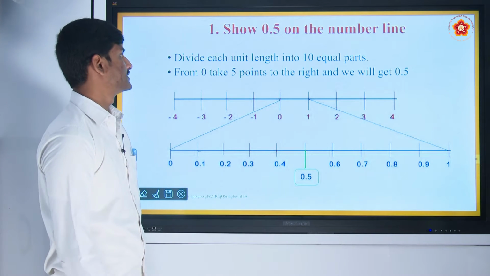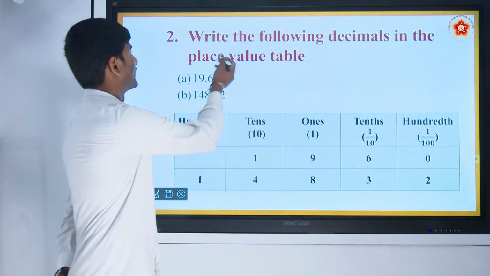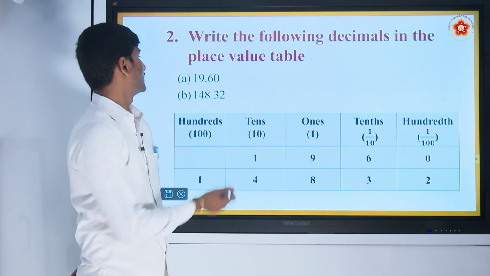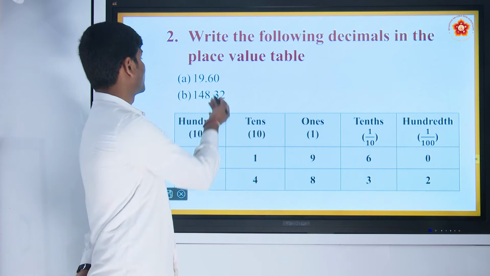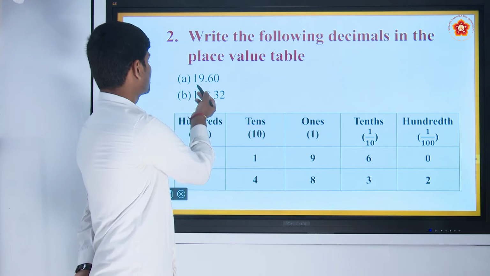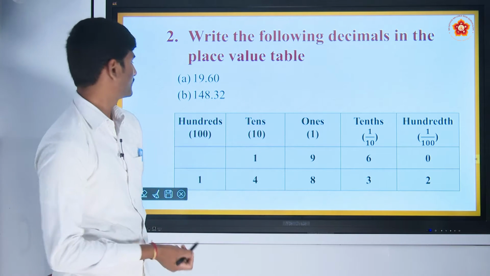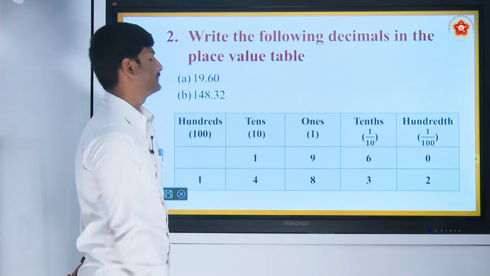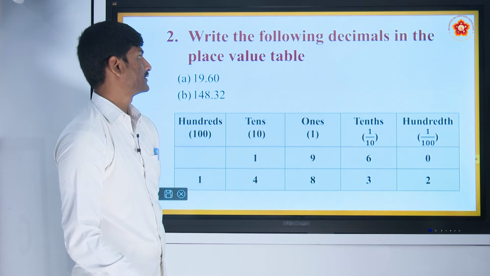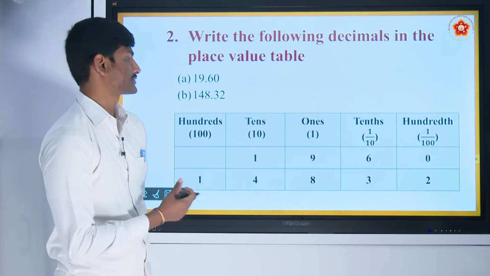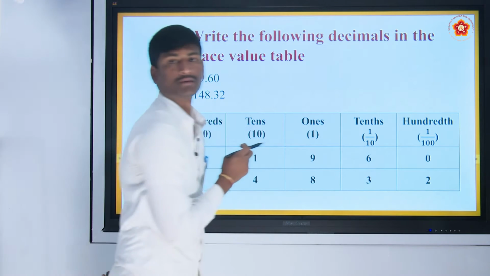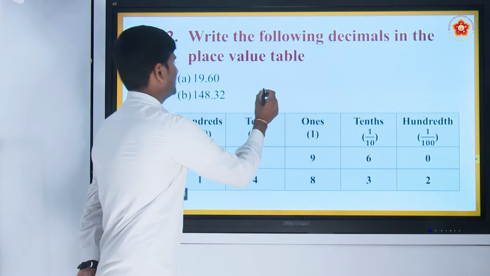And second question, write the following decimals in the place value table. The given decimal numbers: first one 19.60 and second one 148.32. We show the place value table. First we draw one table.